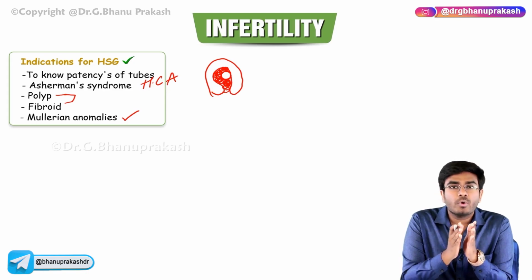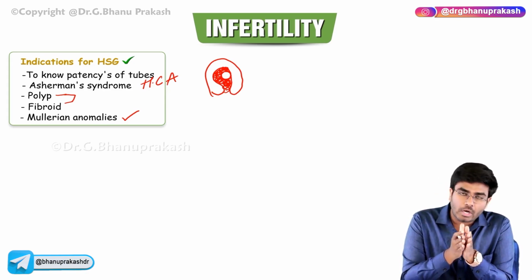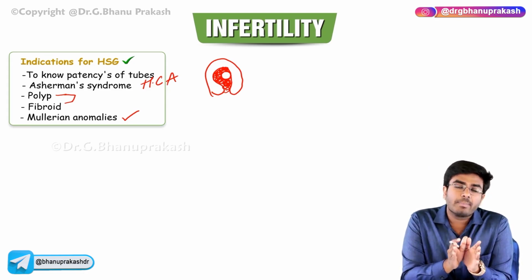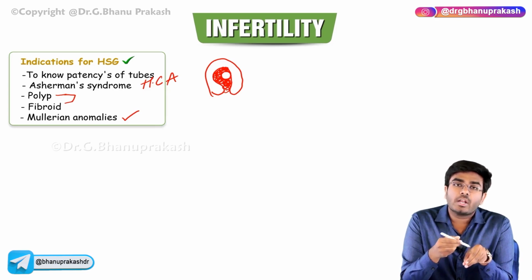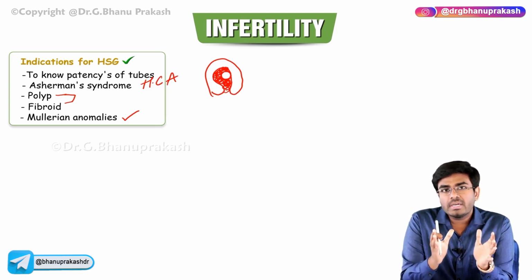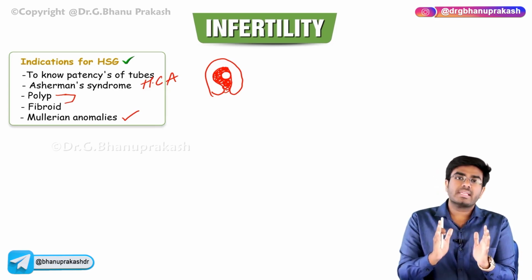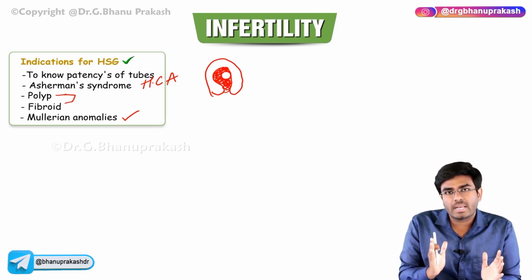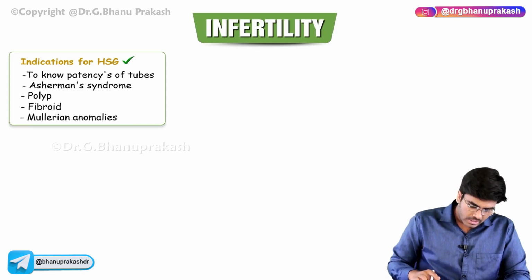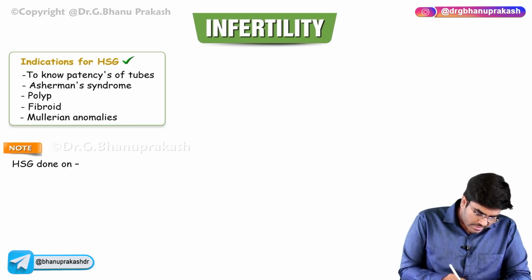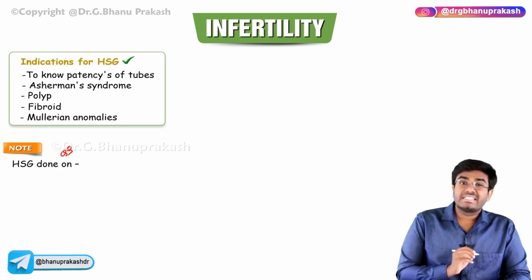Though hysterosalpingography cannot diagnose what kind of Mullerian anomaly, we can know that if there is any congenital anomaly, it can be shown up in the hysterosalpingography, but diagnosis cannot be made just based on the hysterosalpingographic image.